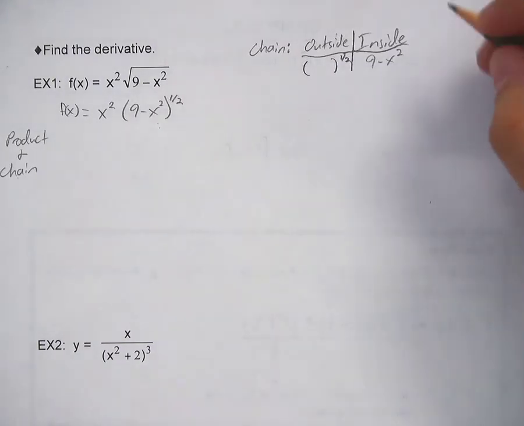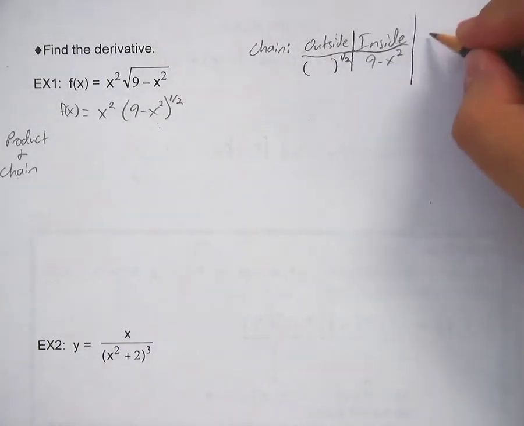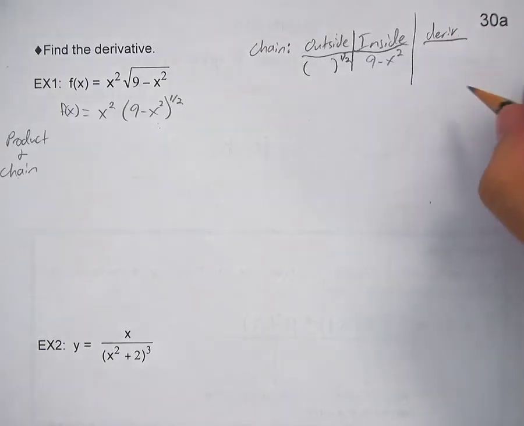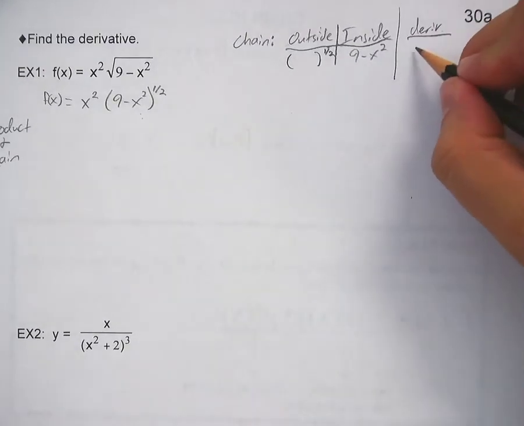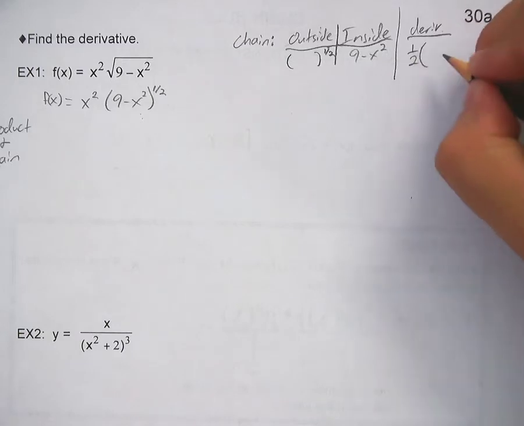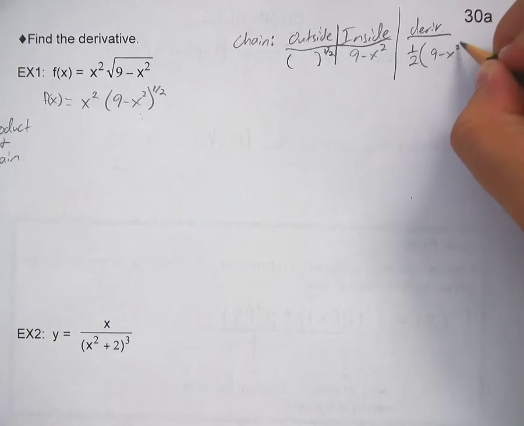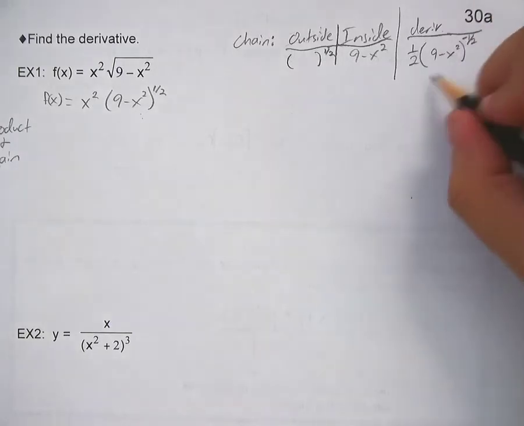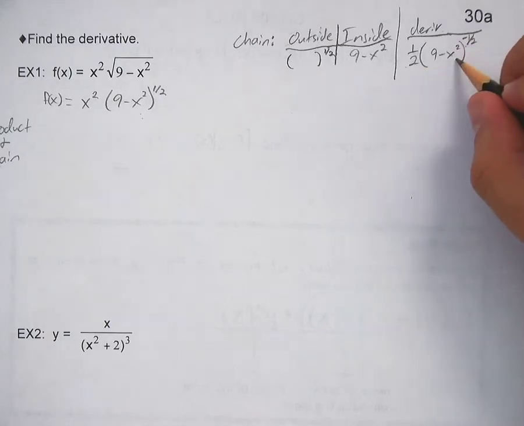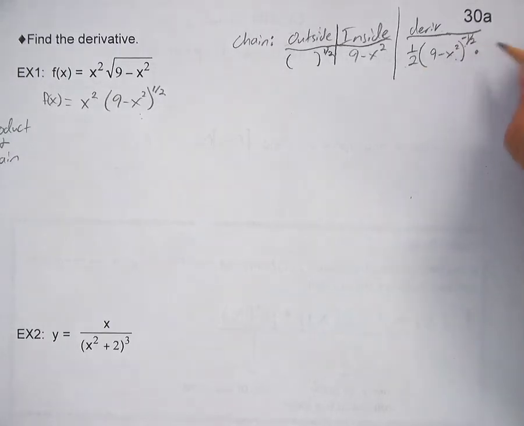Okay, so your derivative then is going to be the derivative of the outside, 1/2 times 9 minus x squared to the negative 1/2. Remember, it's the outside with the inside still the same, times the derivative of the inside, which is a negative 2x.